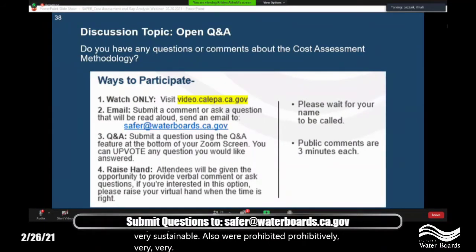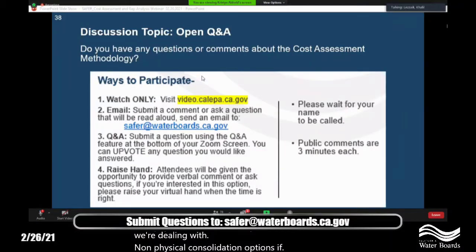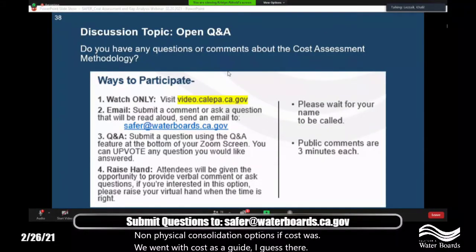While something might be sustainable, if the economics of it don't work, it's very difficult to go with that. So there was a decision to be made that when we're dealing with non-physical consolidation options, we went with cost as a guide. I guess a point could be made about that.